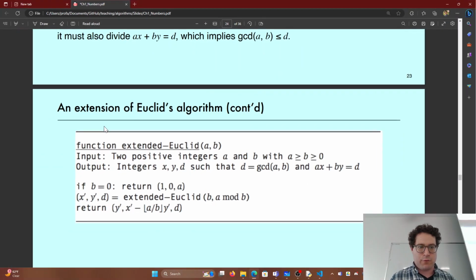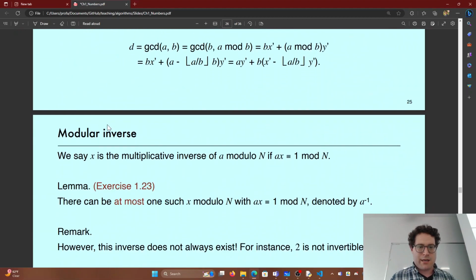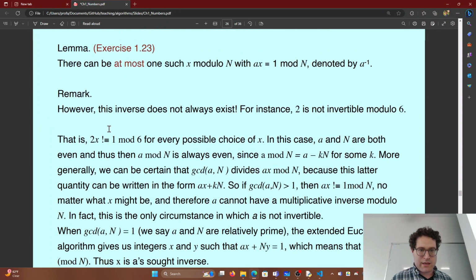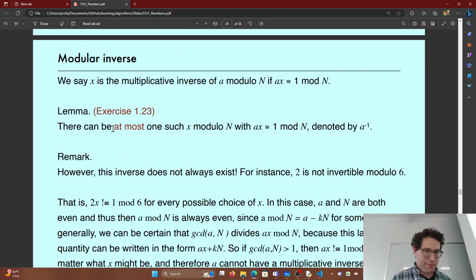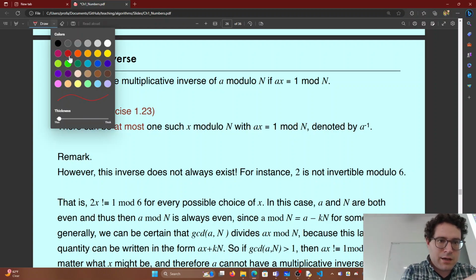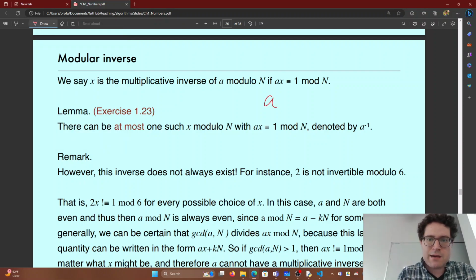Specifically, we're going to need it for, finally, this part, the modular inverse. So the modular inverse is this funky little property. If we take the modular inverse of A, we typically denote that as A^-1.